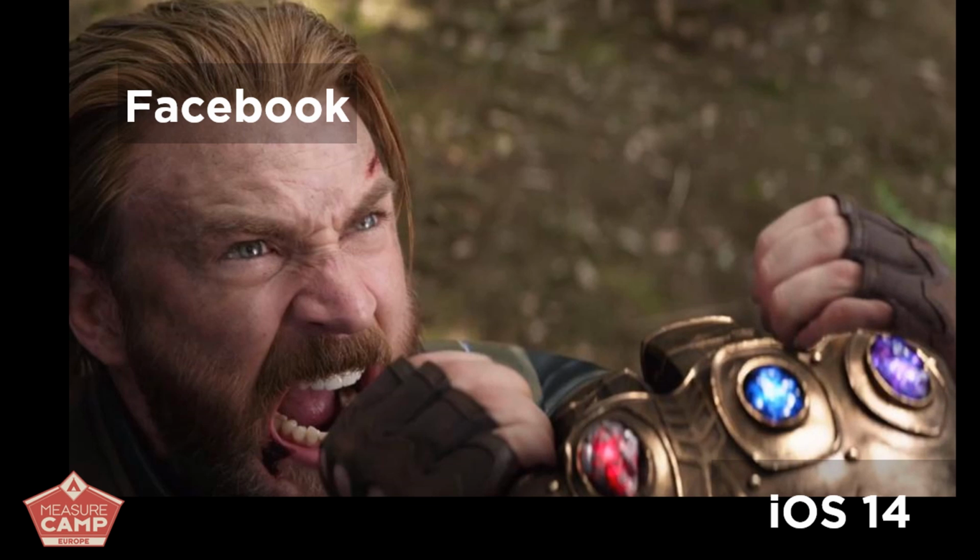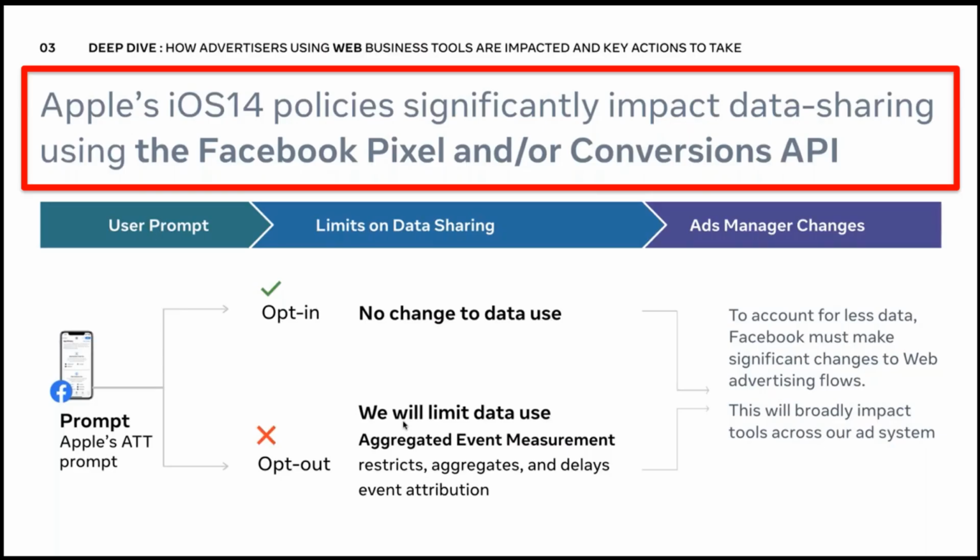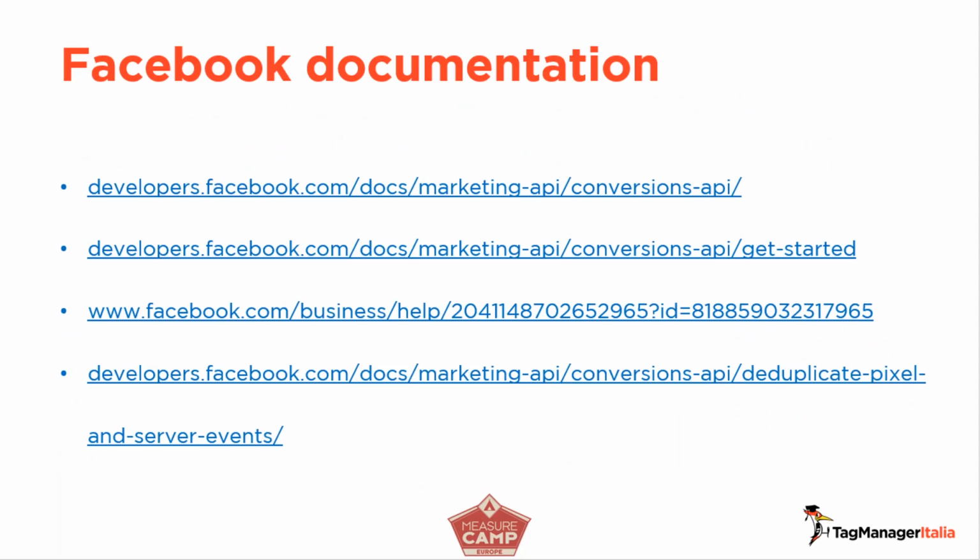So Facebook tries to fix it, but a technical fix is not possible. Facebook declares a significant impact on data sharing using the Facebook Pixel and/or Conversion API.